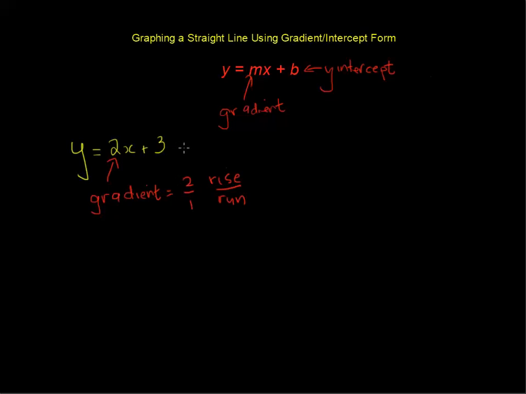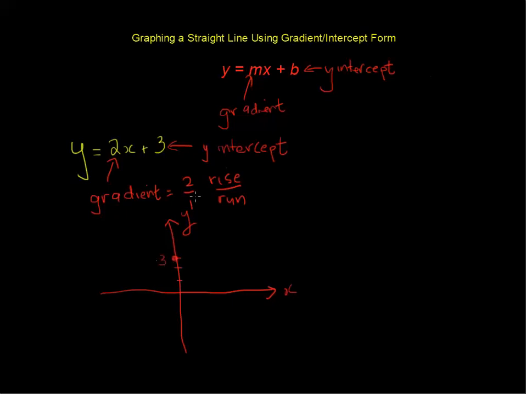Then we have a look at the y-intercept, and it's 3. So this is our y-intercept. It's plus 3. So if we were going to graph this line, all we would do is start with our axes. Of course, you would draw it with a ruler. It's a bit wonky because I'm doing it by hand. And we start with our y-intercept, which is 3. So we go up 3, 1, 2, 3.